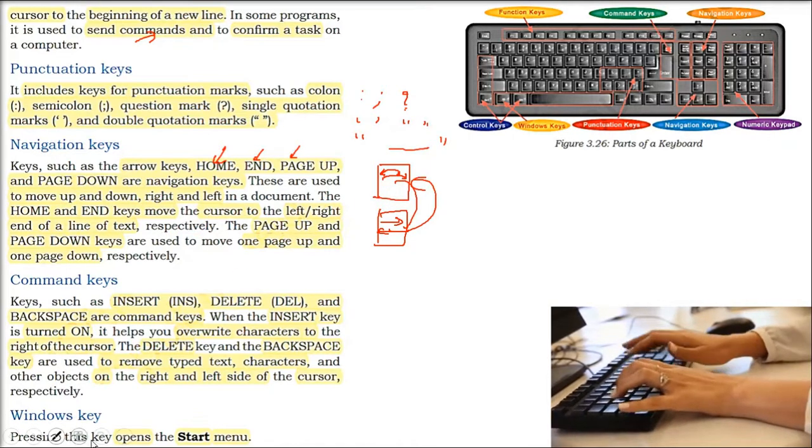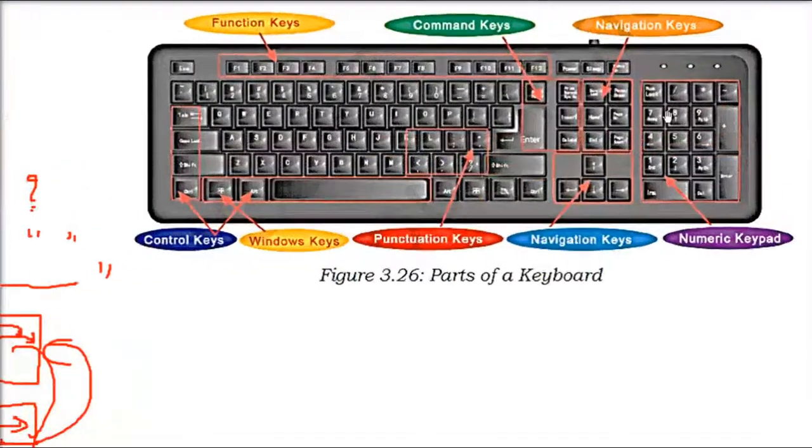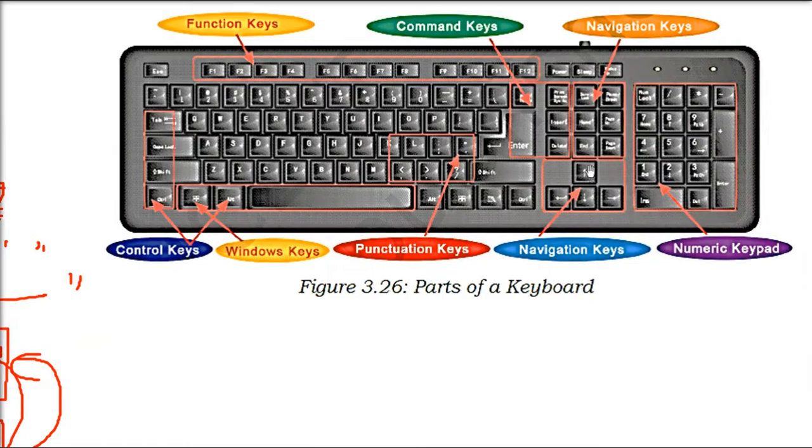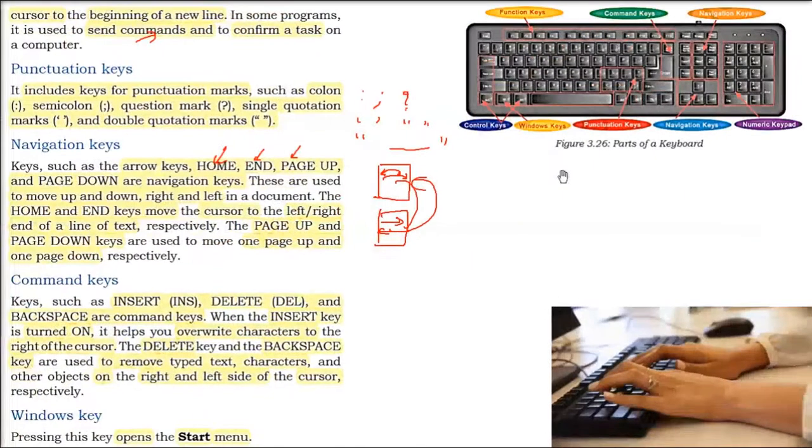So there is a line of text, home and end will take you to the first and last. So if you see, these are the navigation keys. There are certain navigation keys above also. So page up, page down is also there. If you see on the top one, this is page up, page down. Basically it navigates through your document so that you can go as per your will on your document.